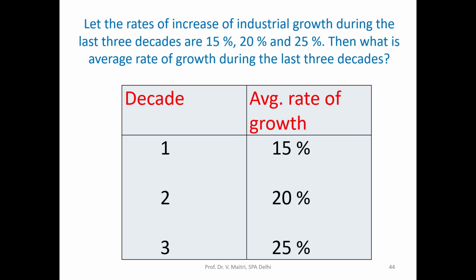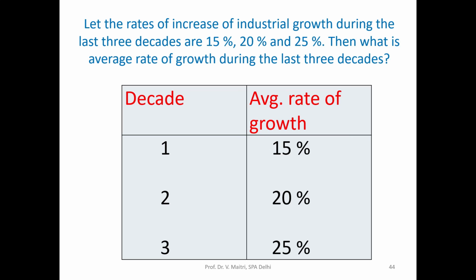Now take a question. Let the rates of increase of individual growth during the last 3 decades be 15%, 20% and 25%. Then what is the average rate of growth during the last 3 decades? Remember one of the discussions I have shown you, that in the last 30 years from 1991 to 2021, how the incomes have increased.